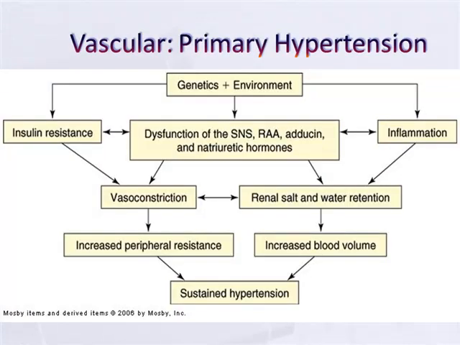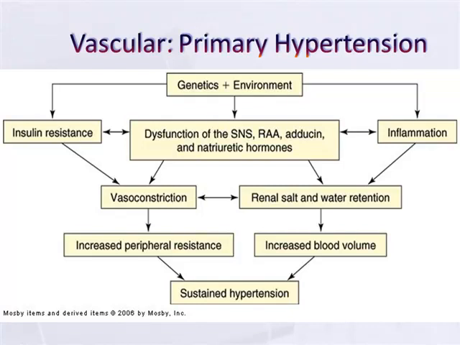So we know that genes and environment play a role. Insulin resistance plays a role even in people who've not been diagnosed with diabetes. There's a connection between being resistant to insulin and also having elevated blood pressure. Insulin resistance causes vasoconstriction, which increases the systemic vascular resistance. Well, there it is, increased peripheral resistance.